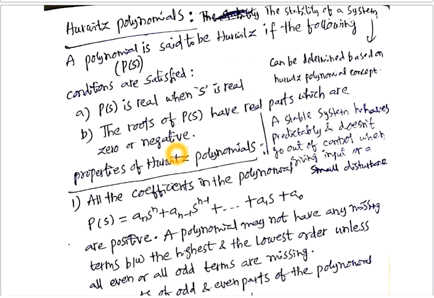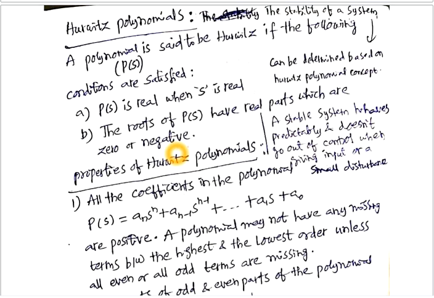First of all, let us see the definition of Hurwitz. A polynomial is said to be Hurwitz if the following conditions are satisfied. There are only two conditions mainly. The first condition is that the polynomial p of s is real when s is real. That means when the Laplace variable s is real, your polynomial p of s should also be real.